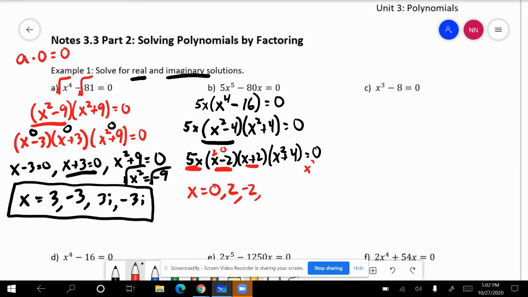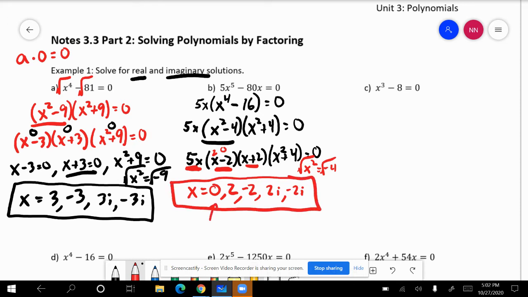If we took the x squared, subtracted the 4, and then took the square root, remember there's two roots. There is a positive and there is a negative. Notice that there are 5 answers. 1, 2, 3, 4, and 5. Notice that this is degree 5. This one has 4 zeros. Notice that it's degree 4.